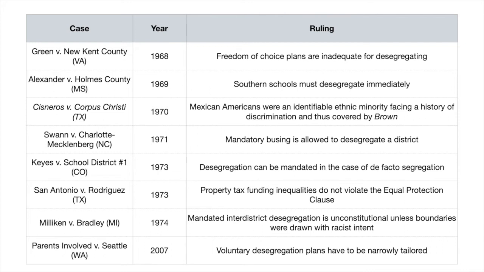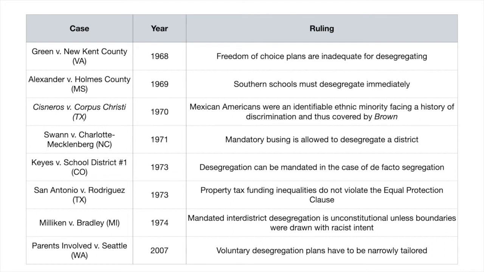So if we were to look at the process of how desegregation happened, there were countless numbers of cases after 1954 that laid out the plan of how desegregation can and should happen. And they really start in 1968. So I have a series of Supreme Court cases here, except for one, which was not a Supreme Court case. I believe it was a U.S. District Court case, and I'll explain that in a minute.